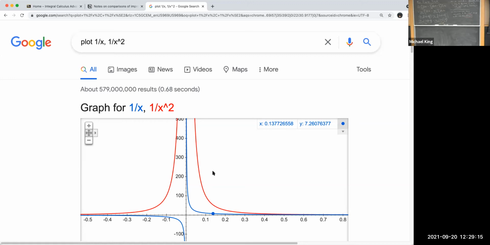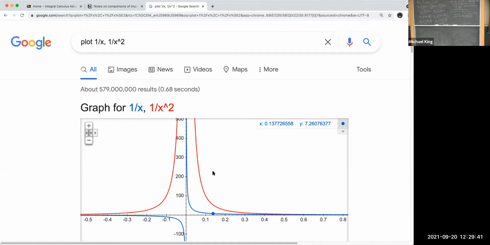And you can sort of see between 0 and 1 here how everything flips, because now 1 over x squared is a lot bigger than 1 over x, because x is close to 0. That's the thing that's hard to wrap your mind around. This is actually going to come up later in an example we're going to do, but if you square a number less than 1, it gets smaller, right?